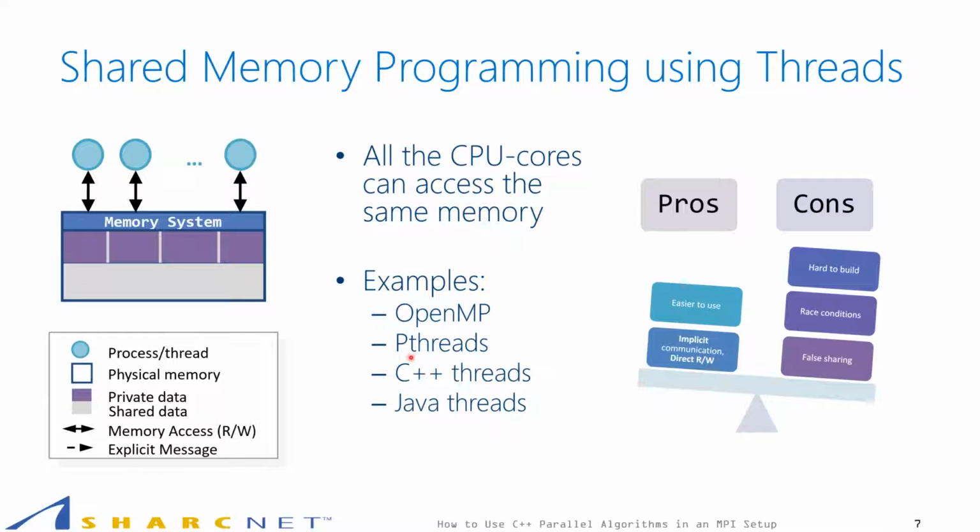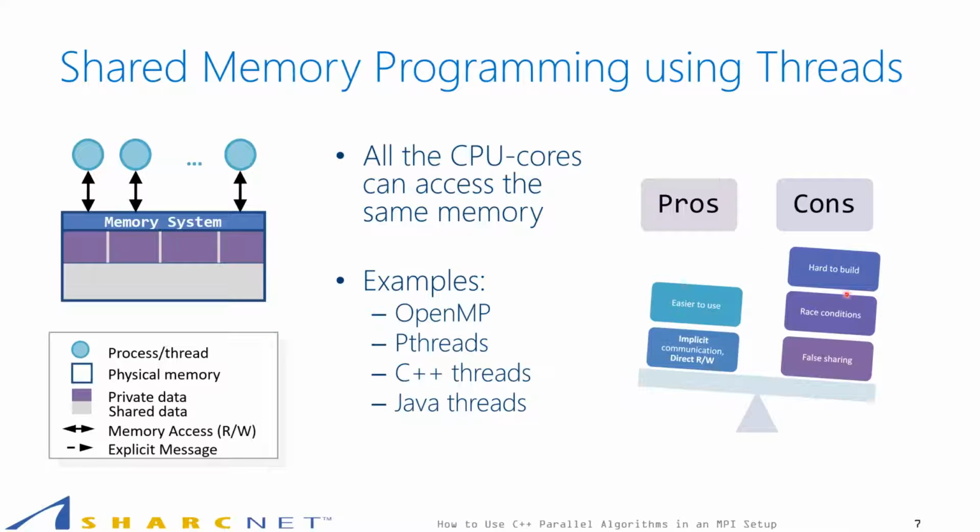OpenMP, POSIX threads, C++ threads, Java threads are all programming models or technologies that are based on this shared memory programming model. The good thing about this approach is that it's easier to use and program, and communications are implicit, and there are direct reads and writes to the memory by each core. But there are some drawbacks.